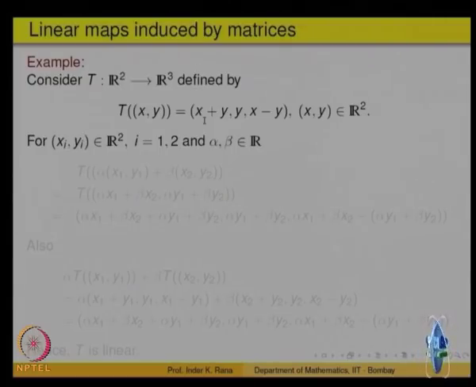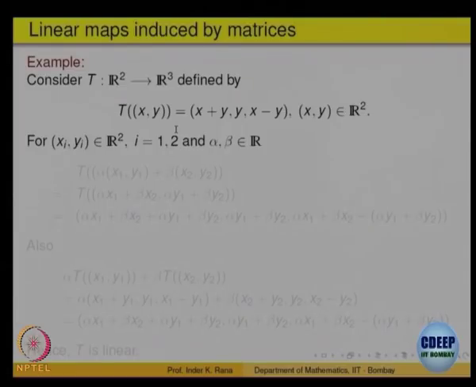We want to know whether this map is linear or not. So, what should we look at? We should take 2 points (x1, y1) and (x2, y2), take scalars alpha and beta, and take a linear combination of them, alpha (x1, y1) plus beta (x2, y2).